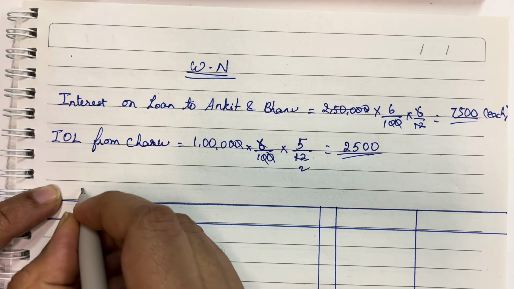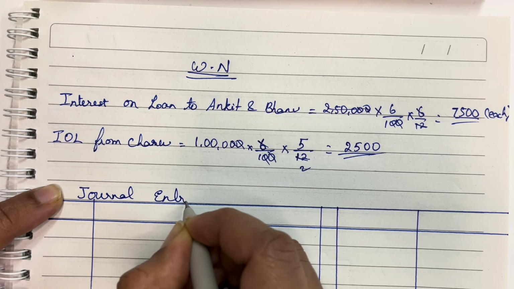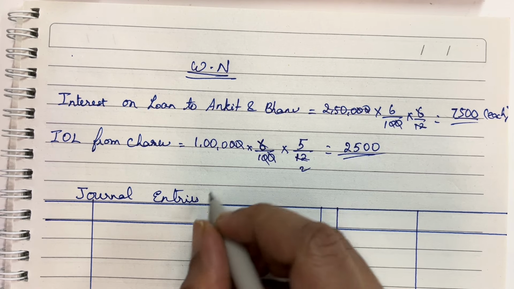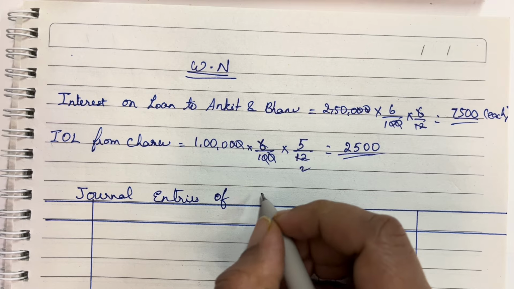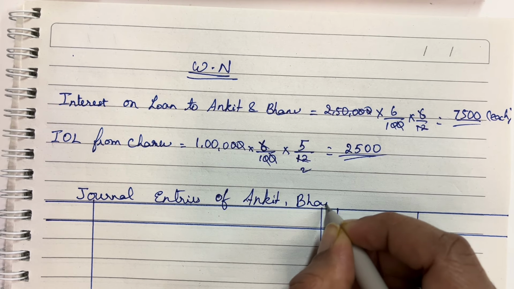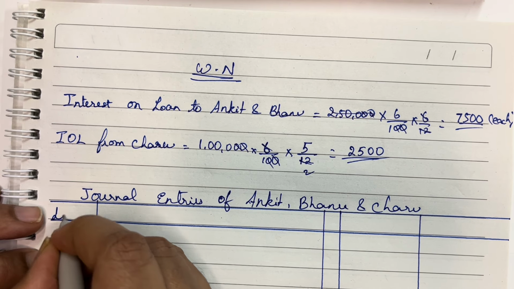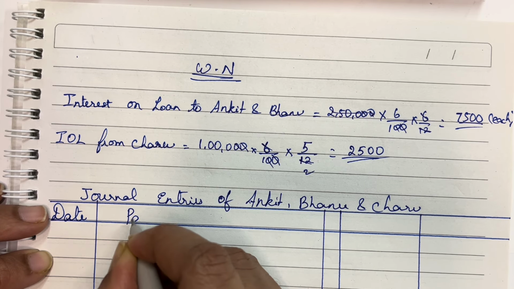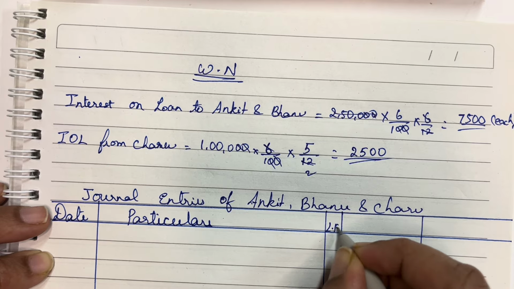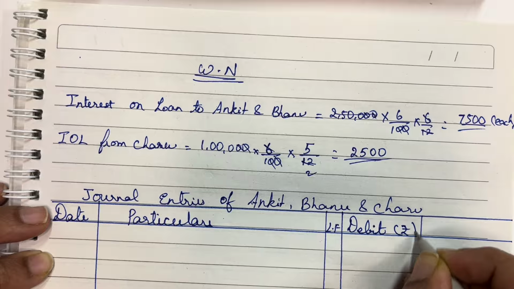Right, we write journal entries of Ankit, Bhanu and Charu. Date, particulars, LF, debit and credit.